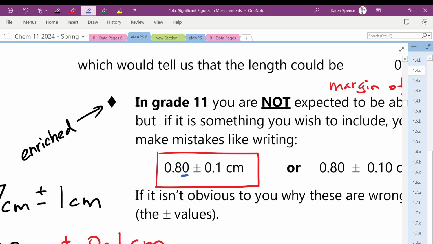That 0, that hundredths position is our uncertain digit.